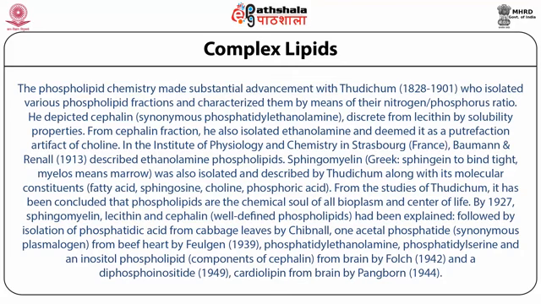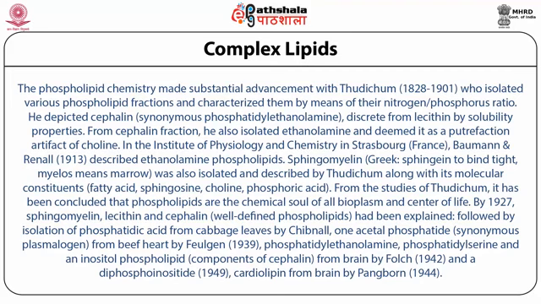He depicted cephalin, which is synonymously known as phosphatidylethanolamine, as discrete from lecithin by solubility properties. From the cephalin fraction, he also isolated ethanolamine and deemed it a putrefaction artifact of choline.